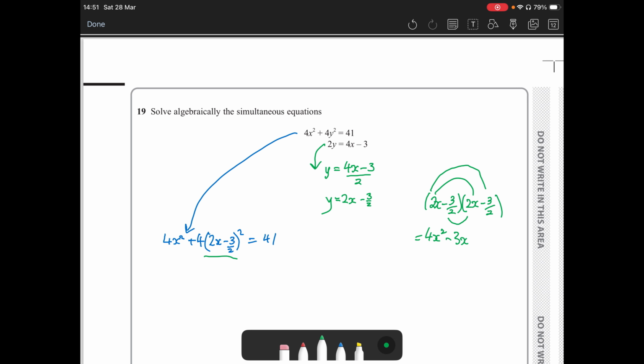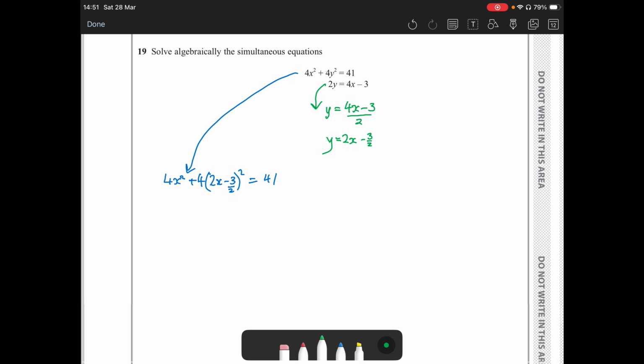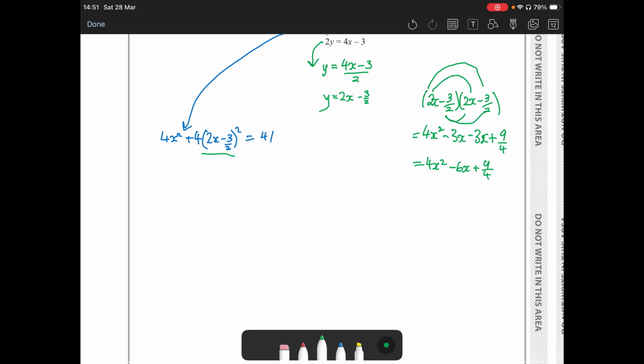This is the same calculation, so minus 3x once more. And multiplying the negative 3 halves by one another is a positive 9 quarters. So the double bracket is 4x squared minus 6x plus 9 over 4. That's my y squared component.